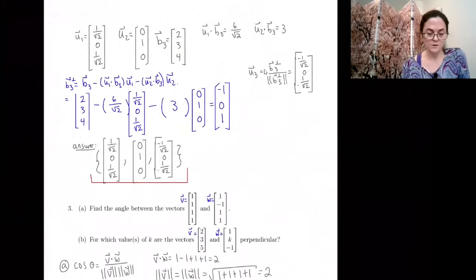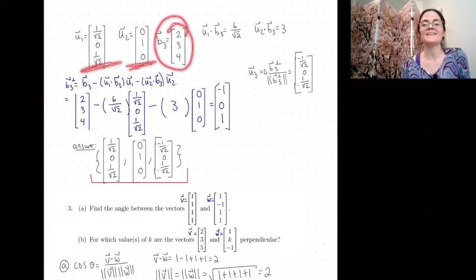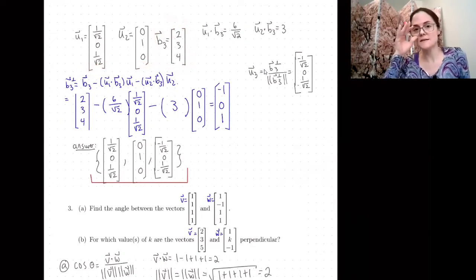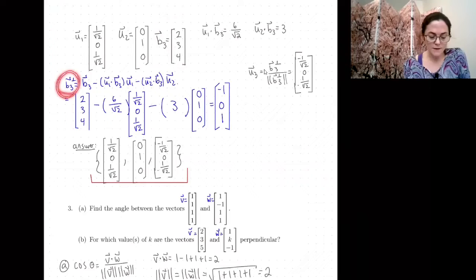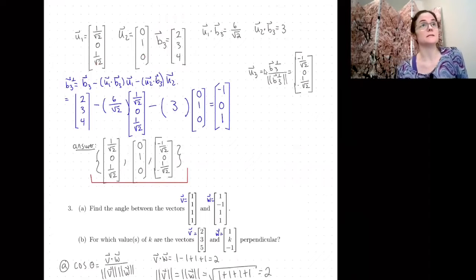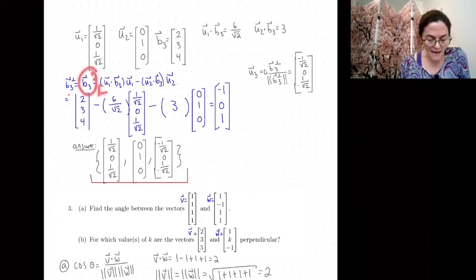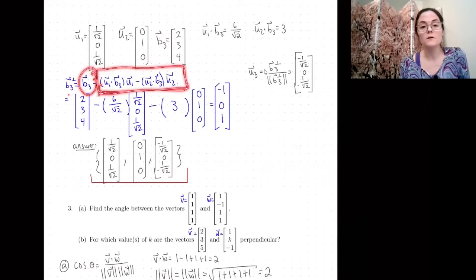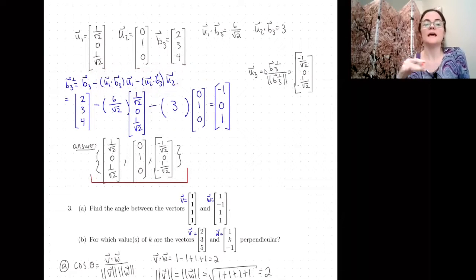So let's move forward. You see, I recopied U1, U2, and here is B3. Now this second step, or third step, I guess, in the Gram-Schmidt, we're still creating a vector perpendicular. It's going to be perpendicular to both of these. In fact, it's going to be perpendicular to the subspace spanned by U1 and U2. The way we do this is we take B3 minus the projection.